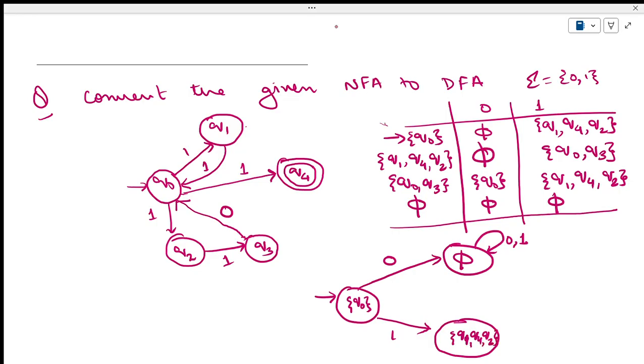Also check if any of the values in Q1, Q4, Q2 is a final state in the main diagram, and I'll make this the final state. Yes, since Q4 is the final, accepting state in the NFA and Q4 is present in this subset, I'll make this state the final state.